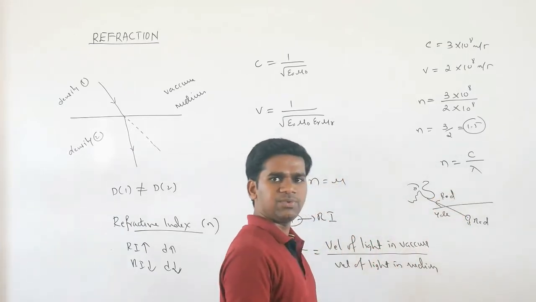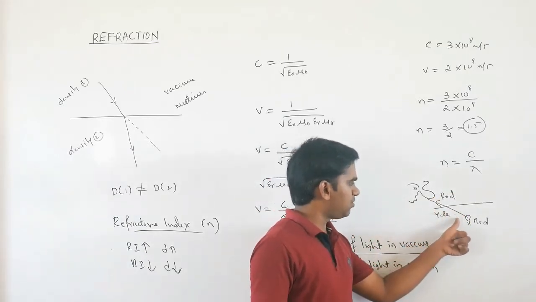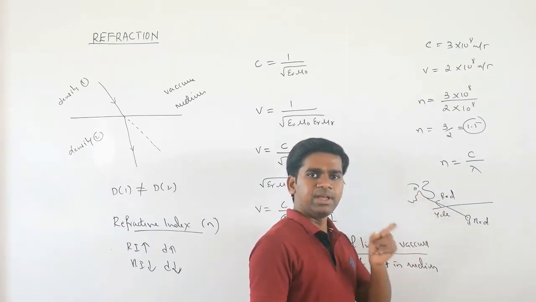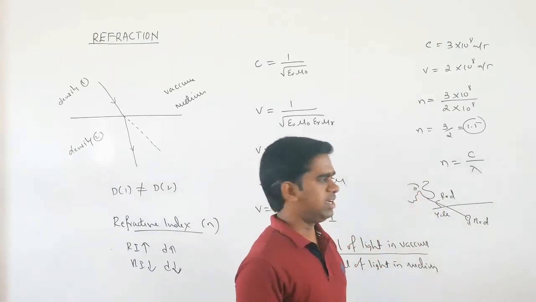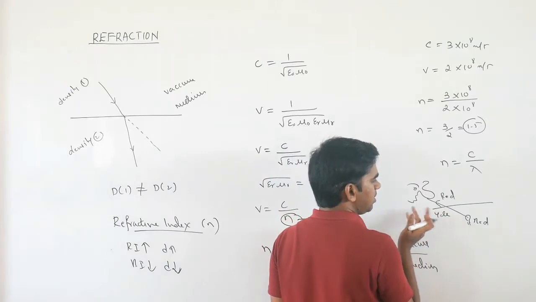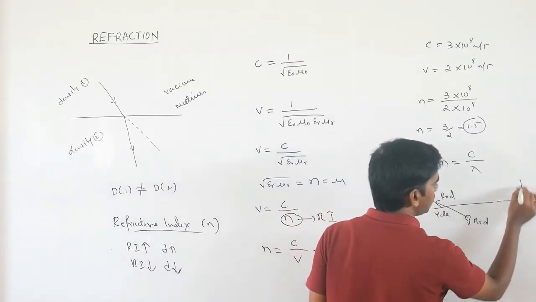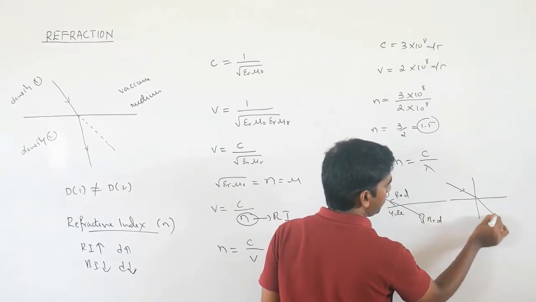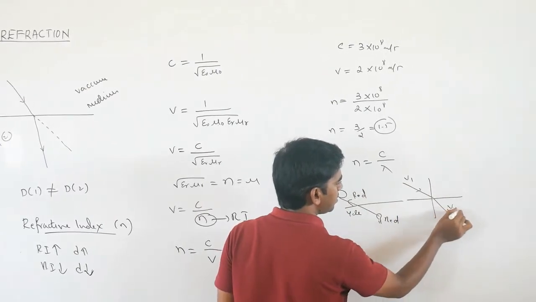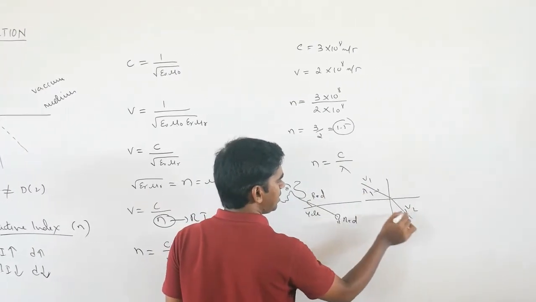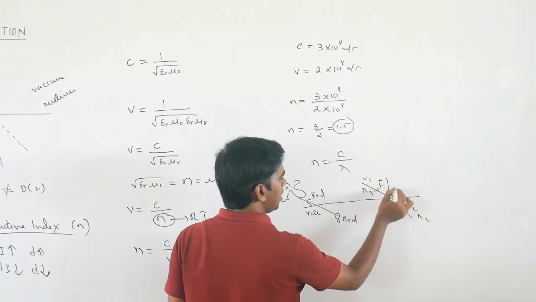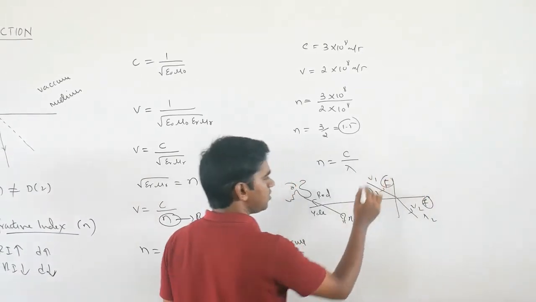It will not change. Why? When light travels from one medium to another medium, the frequency will not change, and color is a property of frequency. So when light travels from one medium to another, v1 will become v2 and lambda 1 will become lambda 2, but the frequency will not change.